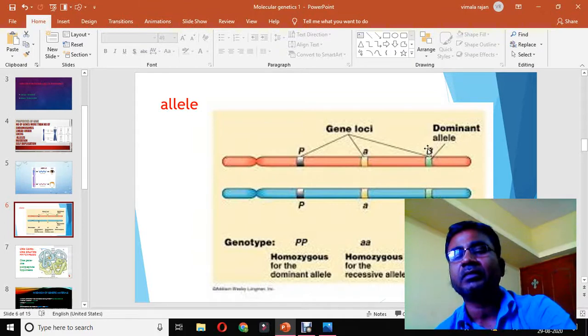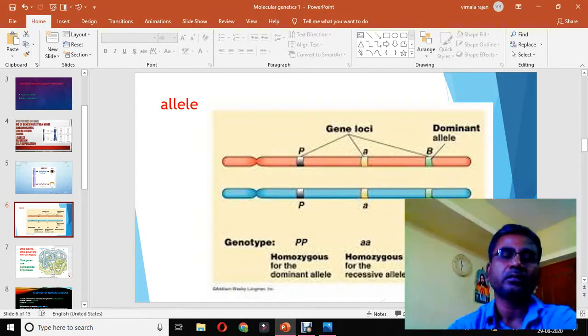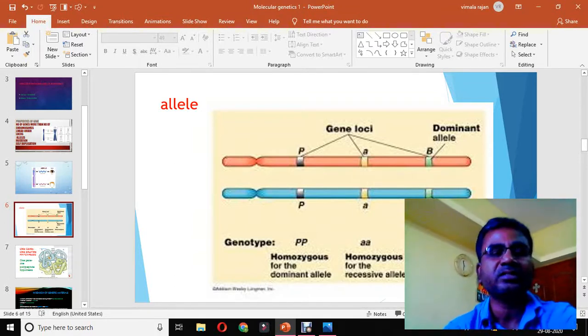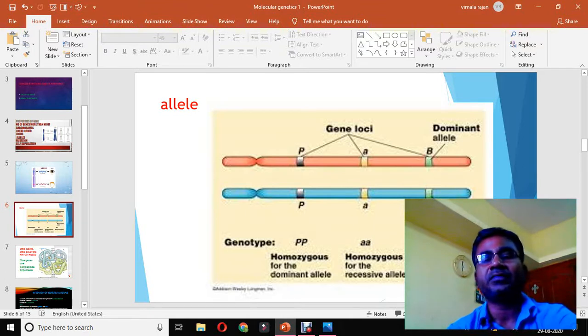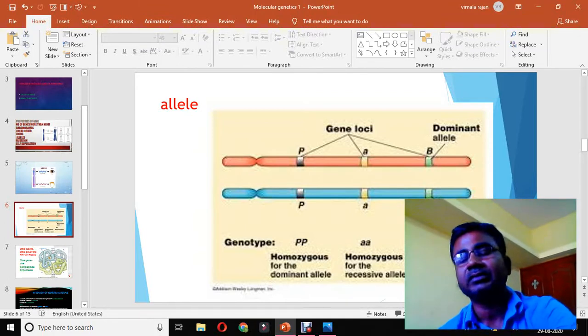The alternate form of capital B is small b. So here two alleles are there: one is the dominant allele and the other is the recessive allele. Genes may exist in several allelic forms, but here the gene is only in two forms, the dominant allele and the recessive allele.